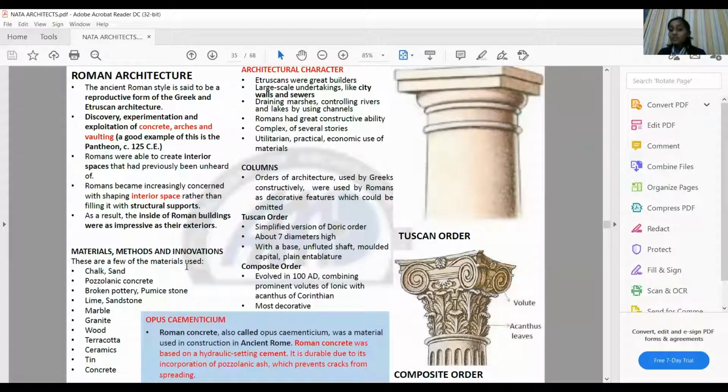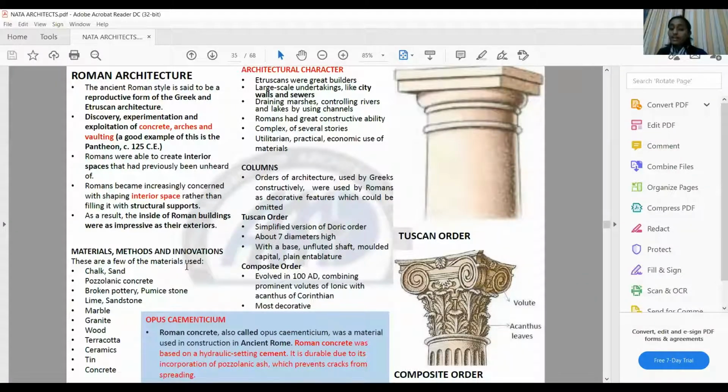And then composite, as the word itself suggests, is nothing but the use of two or more elements, right? So here it is a combination of the Corinthian as well as your Ionic orders. That is where the fusion of these two will give us the composite order.